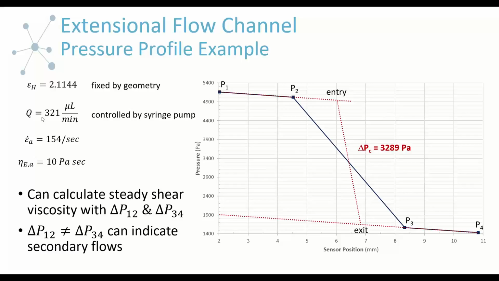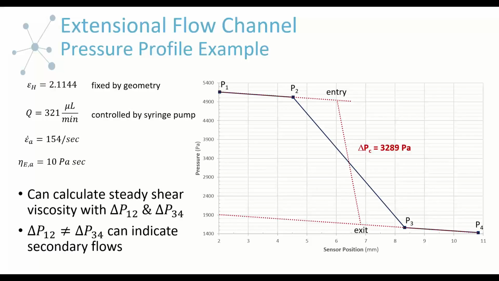So for this particular experiment, our Hencky strain, our total strain that the fluid experiences as it goes into the contraction, is about 2, fixed by the geometry. In our experiment here, we controlled the flow rate to be slightly over 300 microliters per minute. And this gave us an apparent extensional rate of about 150 inverse seconds, and then an extensional viscosity of about 10 Pascal seconds.